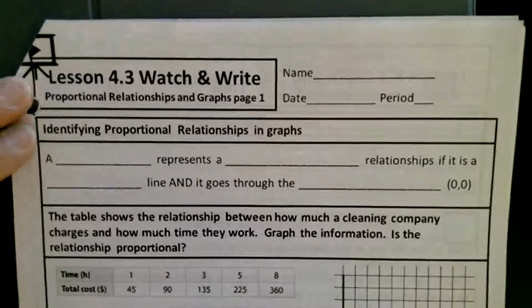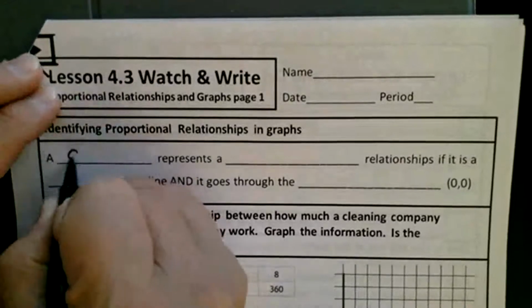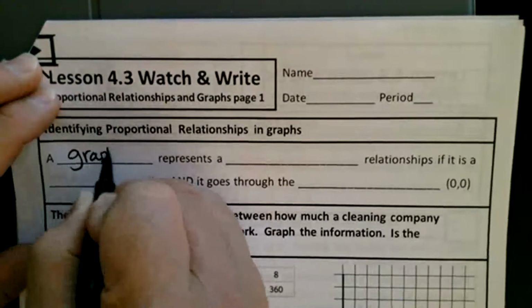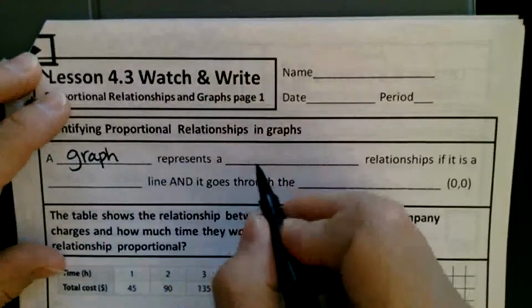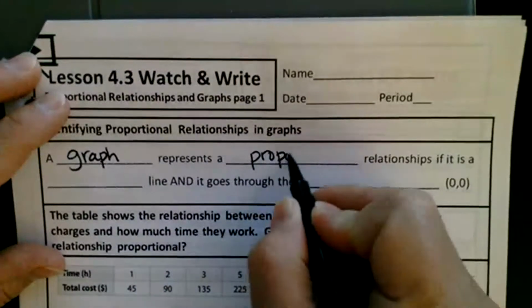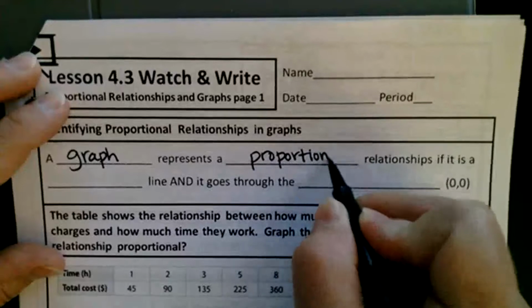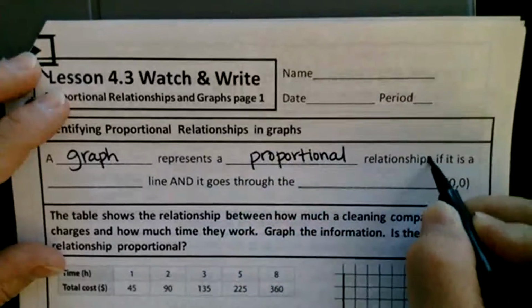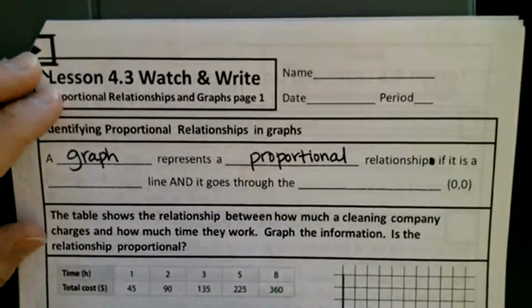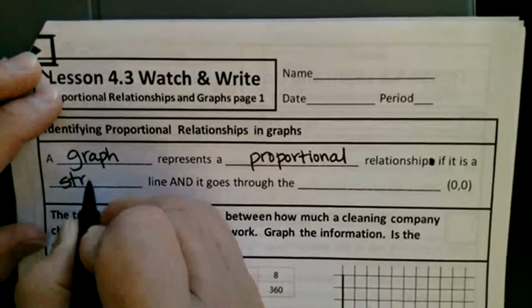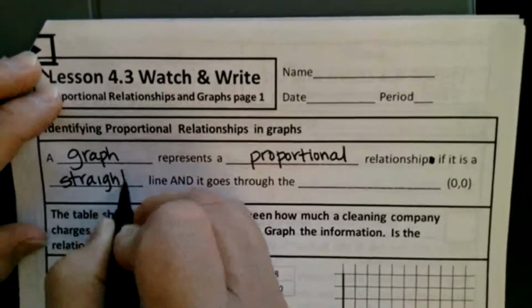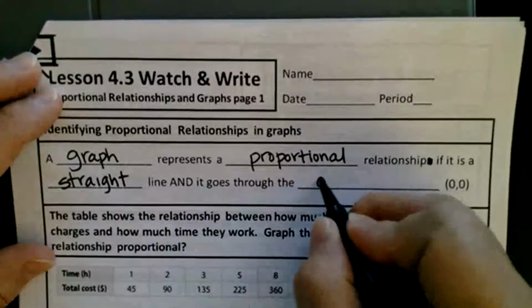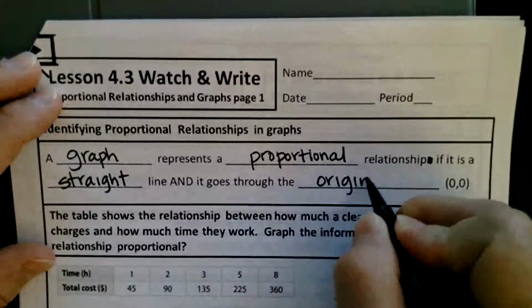So let's start with some definitions, okay? A graph represents a proportional relationship if it is a straight line and it goes through the origin.